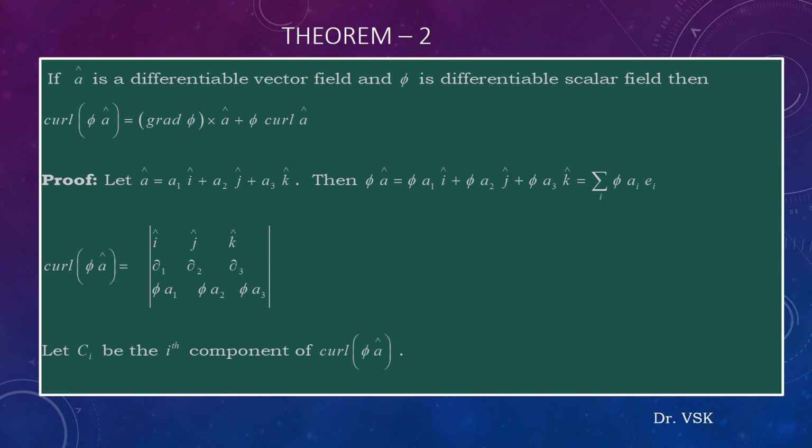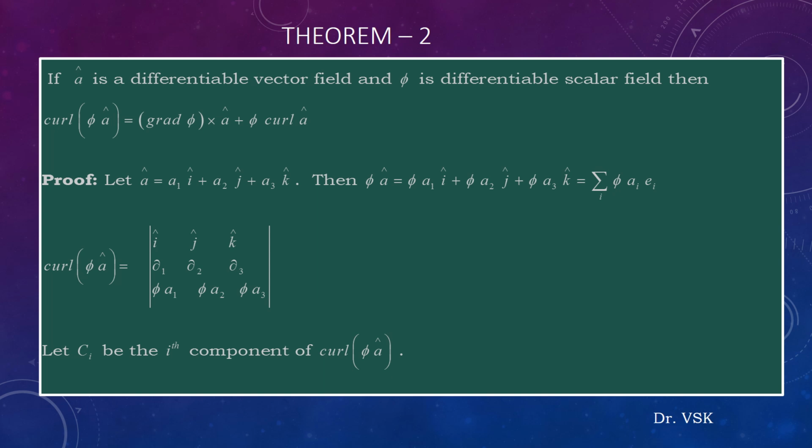Under these assumptions, we find out the curl of phi a cap. A cap is a vector field and phi is a scalar field, so their product phi a cap is a vector field. We need to find out curl of phi a cap. Here the identity is curl phi a cap equals grad phi cross a cap plus phi curl a cap. Let us prove this identity.